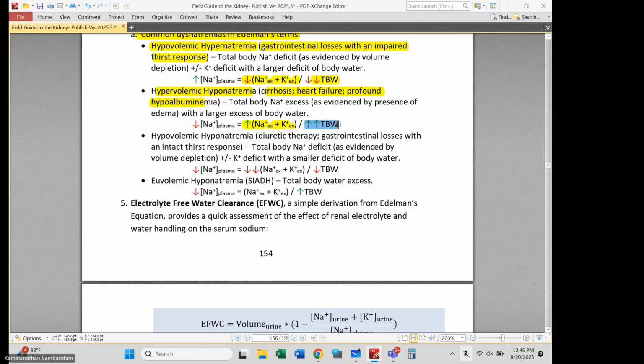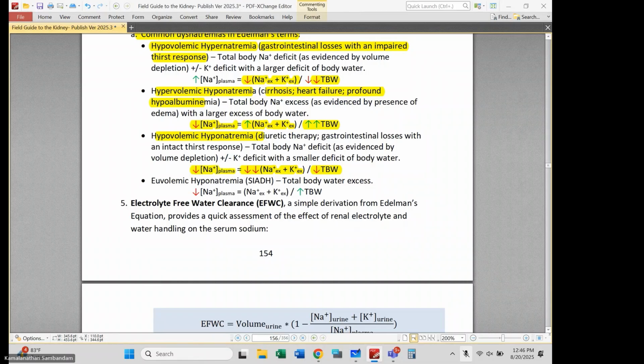But these patients have a water excess which exceeds that salt excess. And so the net result is the sodium falls. Hypovolemic hyponatremics are patients that have a salt deficit that's exceeding a water deficit. So they have a quotient that's low.